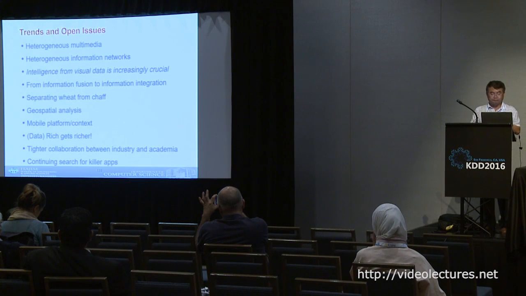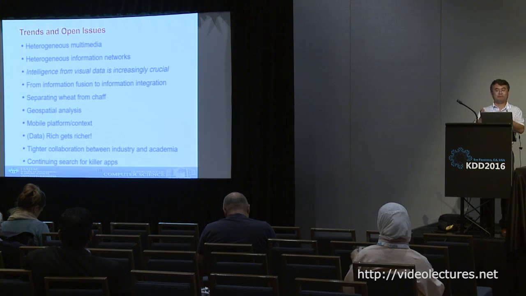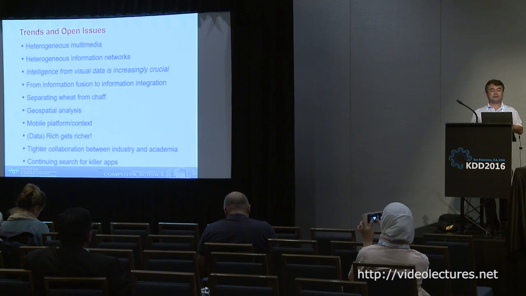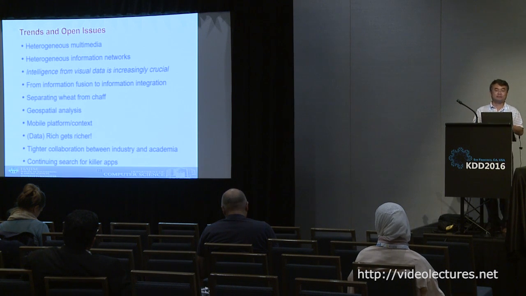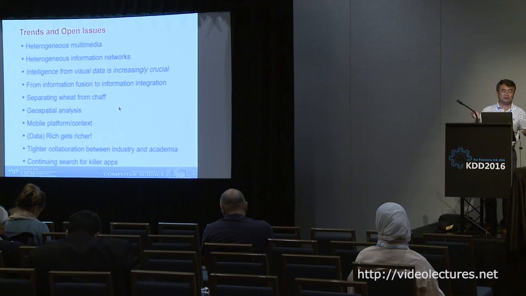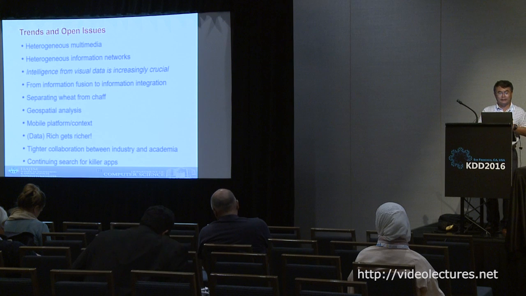The third point is that, given the advances in computer vision, now we can do more and more with images, extracting more information from visual data. But still, with text information and image information, we need to separate the noise from the signal. We still do a lot of geospatial analysis. The mobile platform becomes more important because we can get context information.